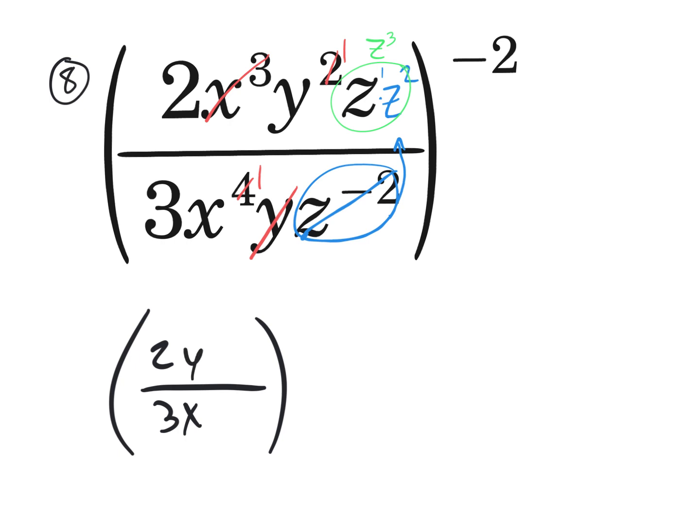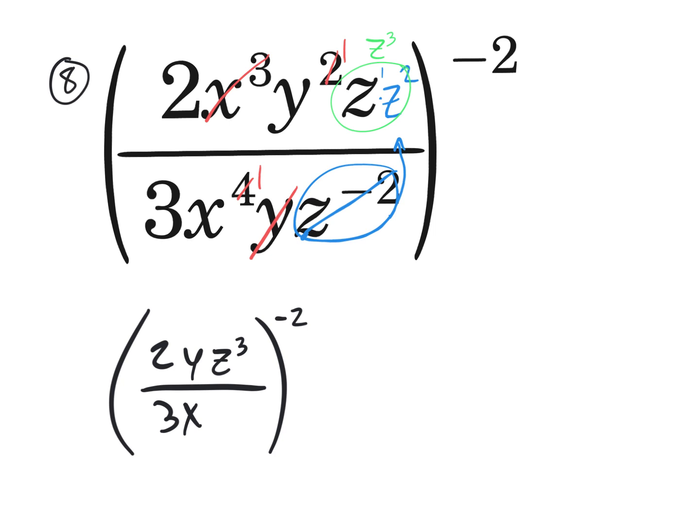You don't have to put a y to the 1. And the z to the third is also up on top, so I write down z to the third. On the bottom, we had the 3, the x, and that's it. So this is our new simplified inside value of the parenthesis, and it is to the power of negative 2.